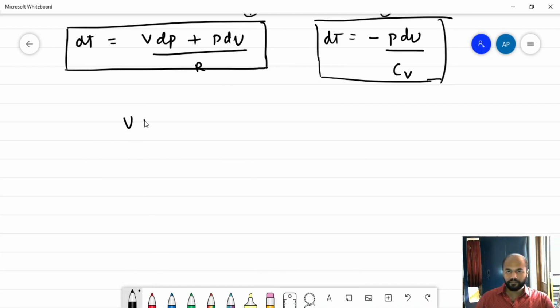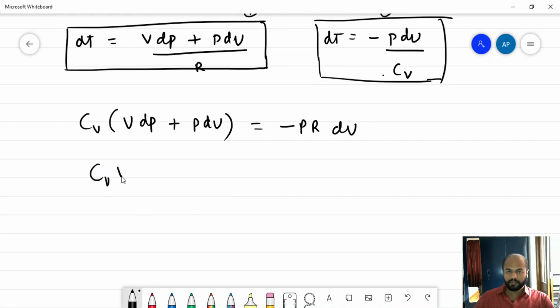we'll get V dP plus P dV, into Cv, the cross multiplication. Cv goes over here, and here we will get minus P R dV. So, Cv times V dP plus Cv times P dV is equal to R P dV, and R we can write as Cp minus Cv.